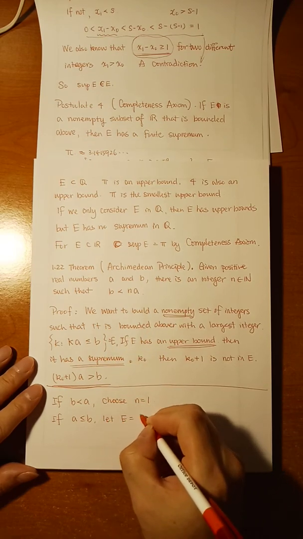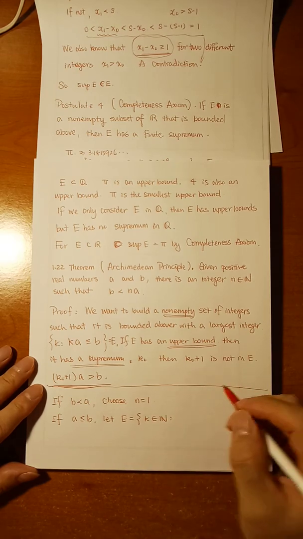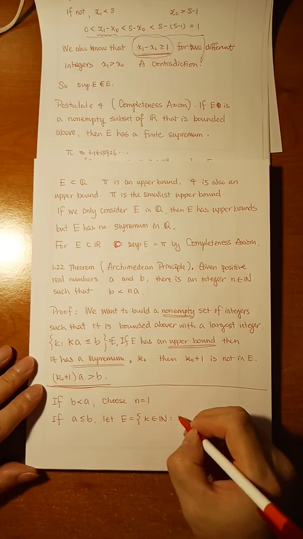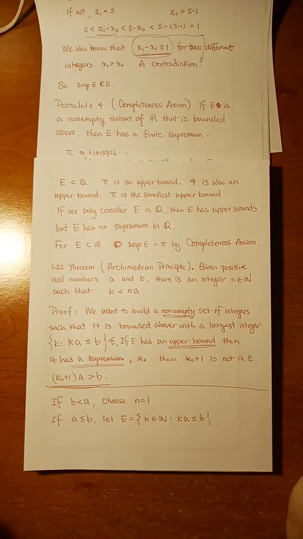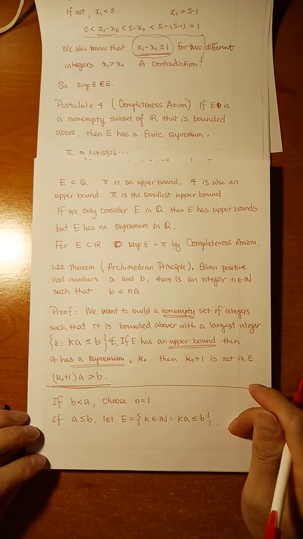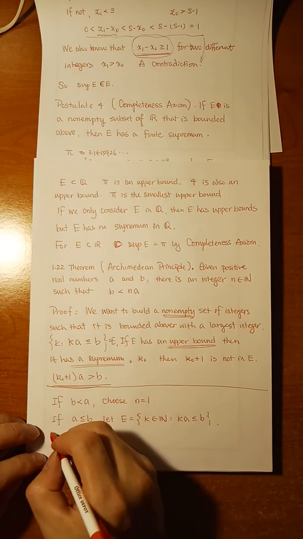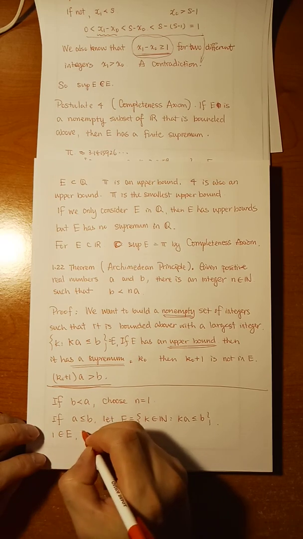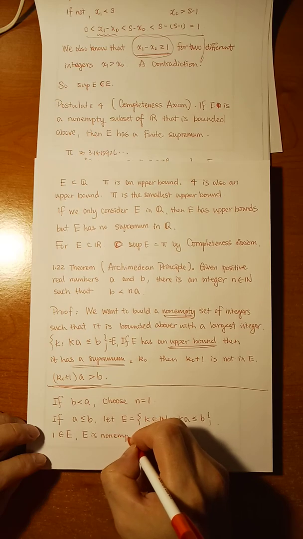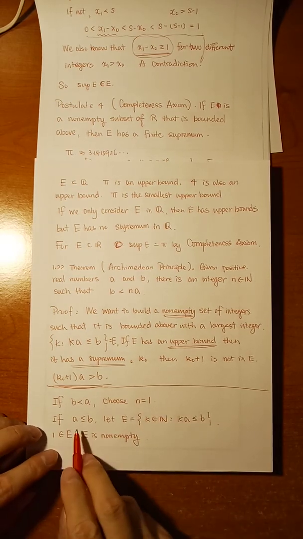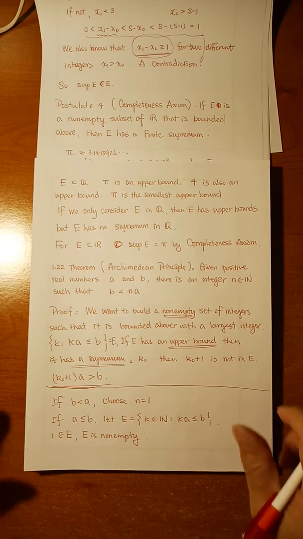Let E be the set of k in the natural numbers such that ka is less than or equal to b. When k is 1, a times 1 is less than or equal to b. So 1 belongs to E. E is non-empty. So this non-empty property comes from one case.